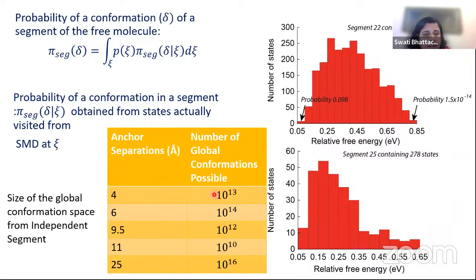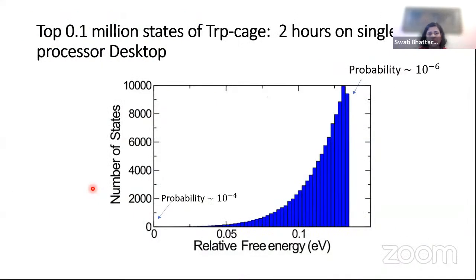So this number ranges from 10 to the power 13 to 10 to the power 16. And the point is, in principle at least, we can construct all of these 10 to the power 16 states, and I can calculate the probabilities. In principle, of course, that is the point, right? So what do we do?